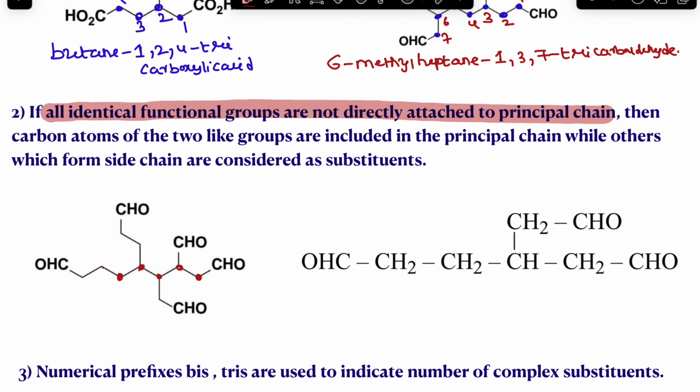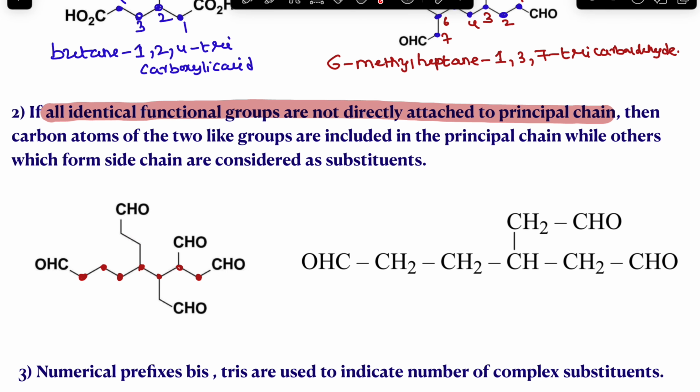This is the longest chain, like this. If you carefully observe, 1 2 3 4 5, like this. So you may have a doubt, why are you moving in this direction? I'll clarify. 1 2 3 4 5 6 7 carbon chain, 1 2 3 4 5 6 carbon chain, obviously 7 carbon chain.